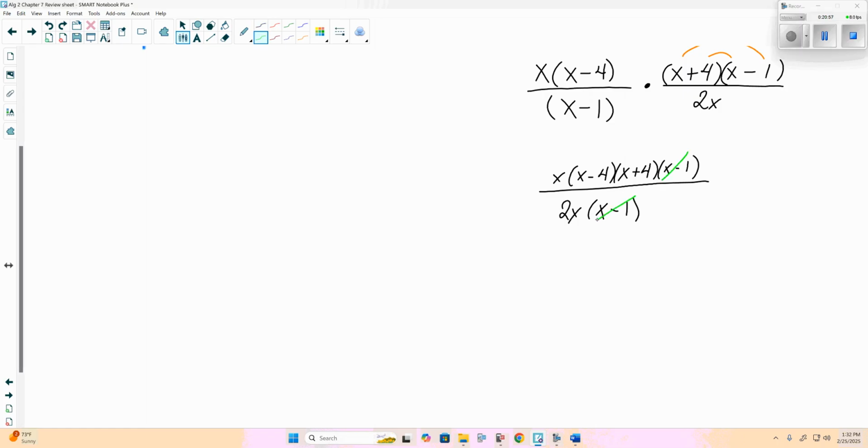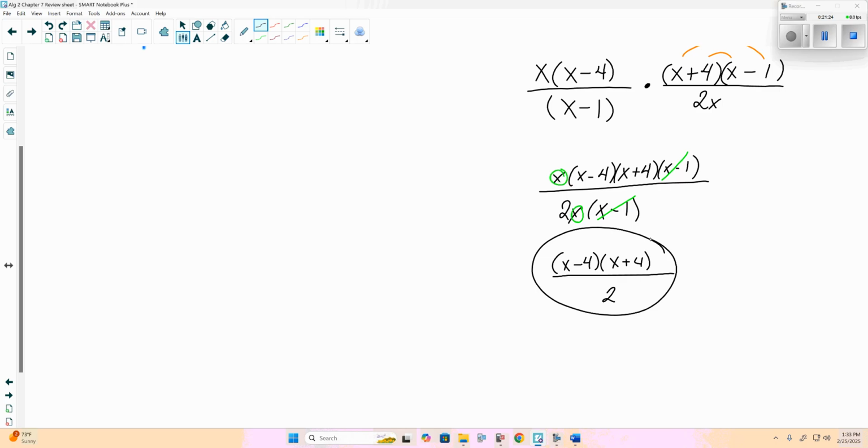X minus 1 and x minus 1. And we do have the x and x outside the parentheses. So all we have left on top is x plus 4 and x minus 4. And the only thing left on bottom is 2.